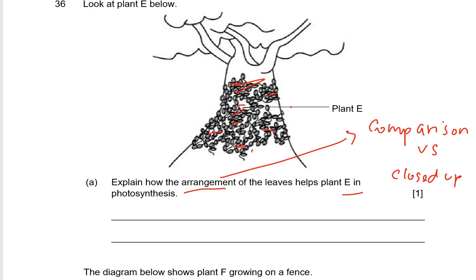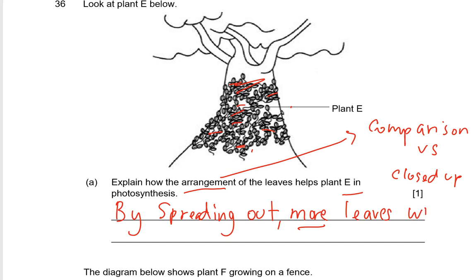So I should see comparison words. So what happens is that how this arrangement helps, when you actually spread out, okay, you notice that the leaves are very smart. When they spread out, compared to the arrangement where they are all stacked together and flooded together, you notice that more, again, you see the comparison word, more leaves will enable more sunlight to be trapped, right? More leaves will get more sunlight.